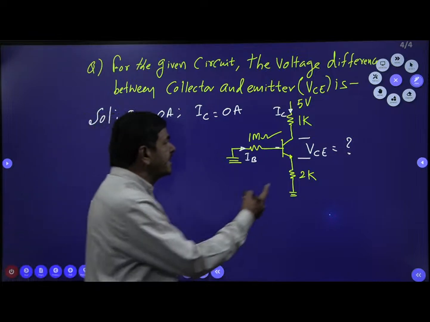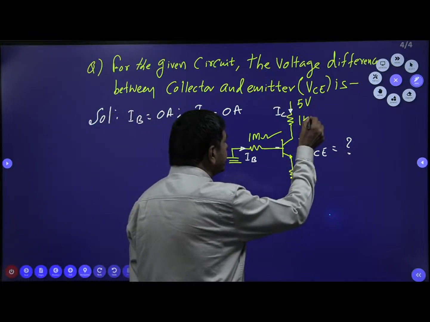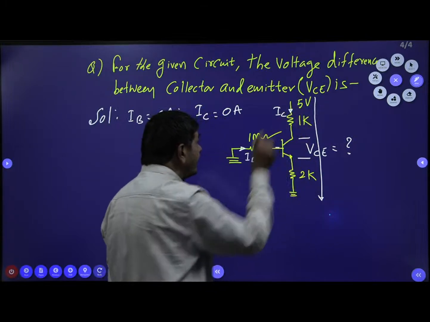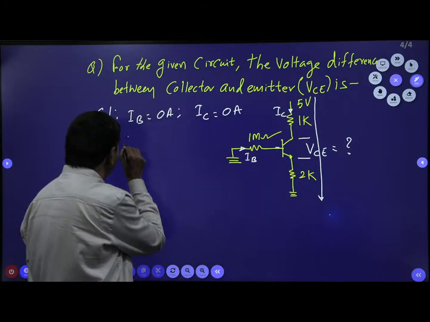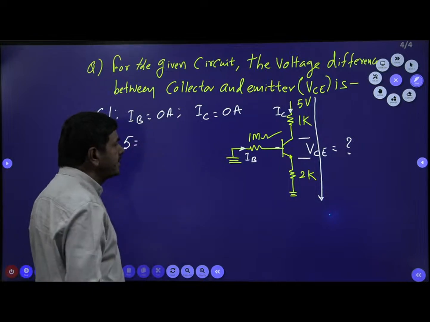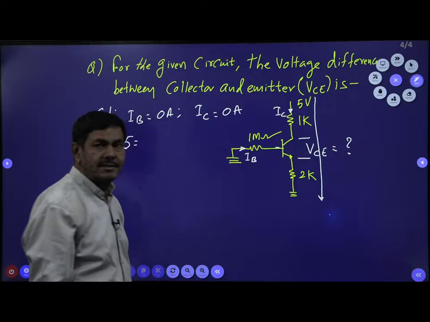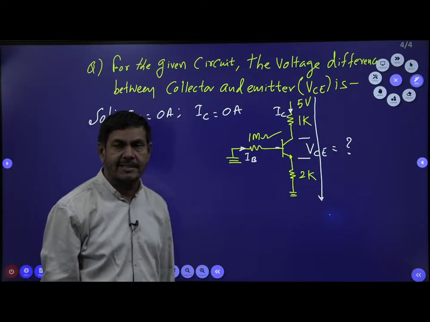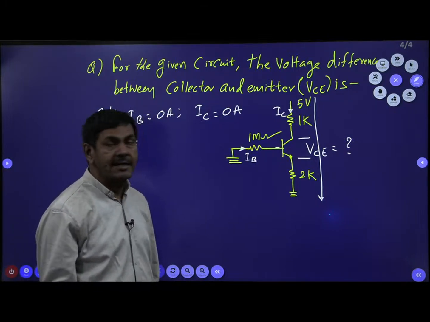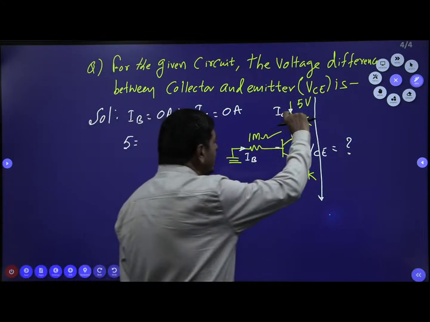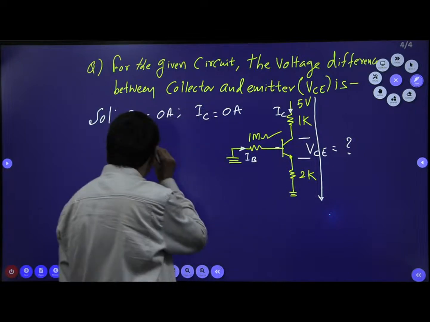But I want VCE. If you want to get VCE, you can apply KVL in this direction. 5 volts equals the drop across 1K, which is 0. There is no voltage drop across 1K. The reason is that current is 0, and current into resistance gives drop 0. This voltage drop 0 plus VCE.